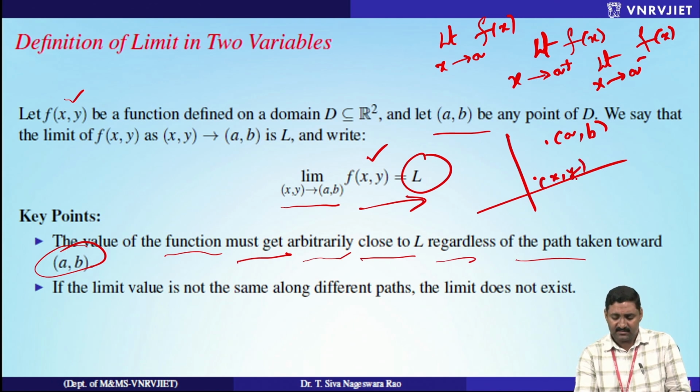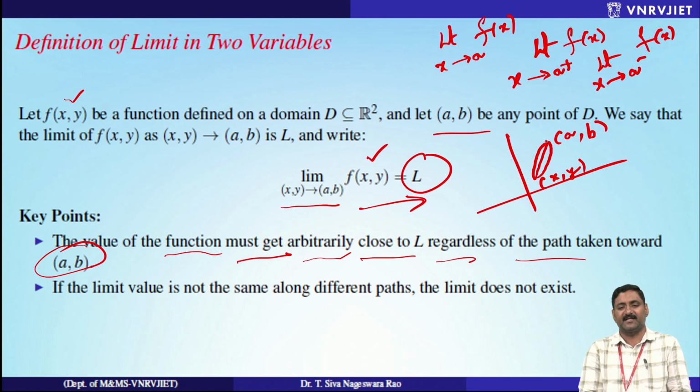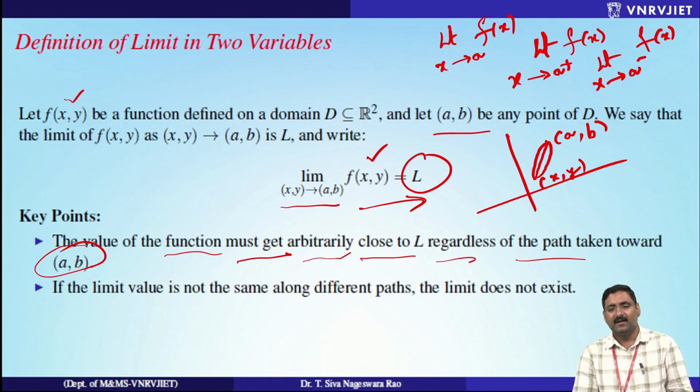Our aim is to reach from the point x comma y to a comma b along different paths. Whatever path you choose, if you take n paths, take one path from it, and find the limit as x tends to a, y tends to b, of f of x comma y, which goes to L1. For each and every path, you may get different limits, say L1, L2, and so on up to Ln for n different paths.